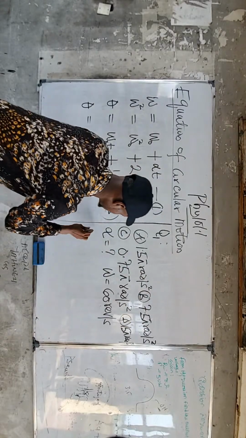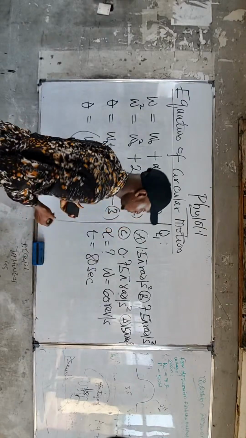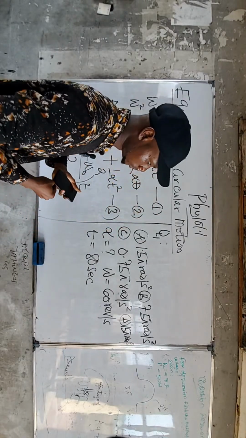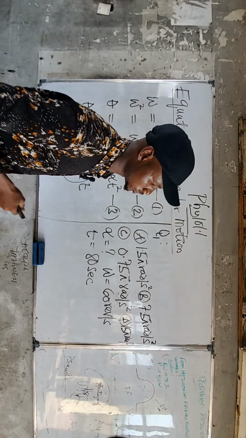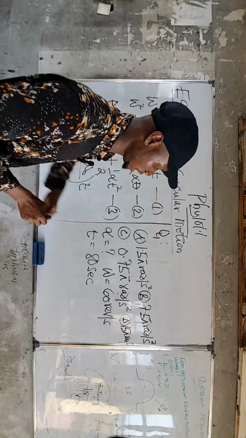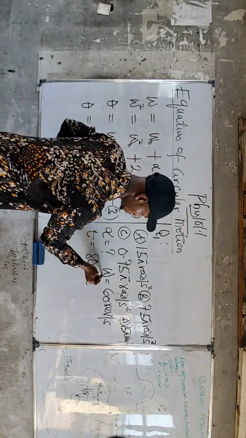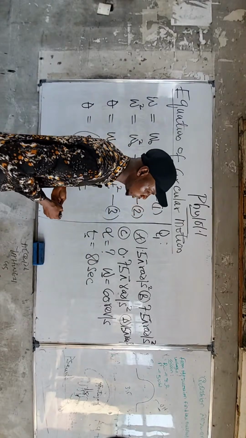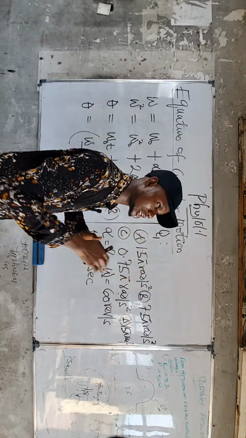The next thing given to us here, they said that it rotates for t equal to 80 seconds. That is time given to us here. So before I solve this question, I have to understand the question carefully and list out the given parameters. But before the object rotates, what happened? It must be at rest, just like your slim fan.